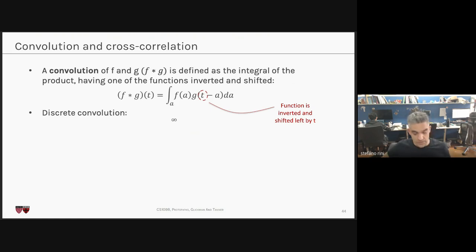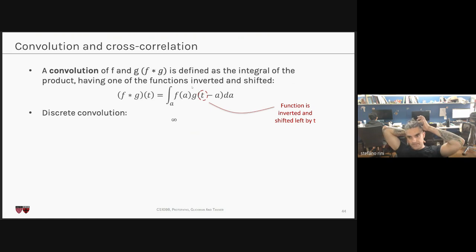This operation is known mathematically as a convolution, and it's indicated with this star sign. If somebody gives you a vector f and a vector g, then the 1D convolution is indicated f star g of t, and it's the integral of the function f of a multiplied by the function g of t minus a, and then you integrate over a.